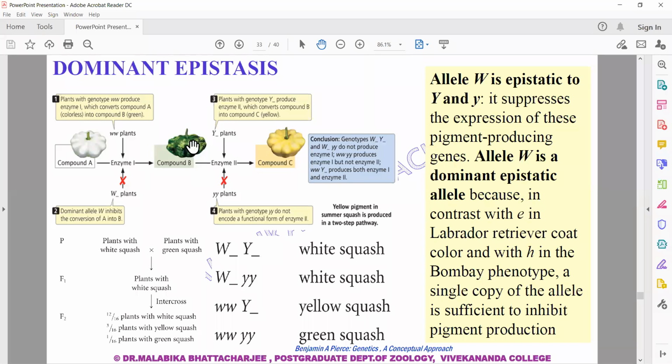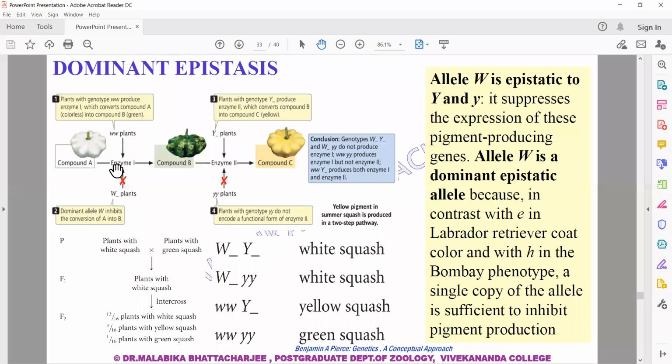Now let's look at the alleles. As I said, there is a W allele and there is a yellow allele. Now, what does the W allele do? As you can see, it represents the dominant allele. W is a dominant allele that inhibits pigment production. So no pigment is formed, and it produces white squash.